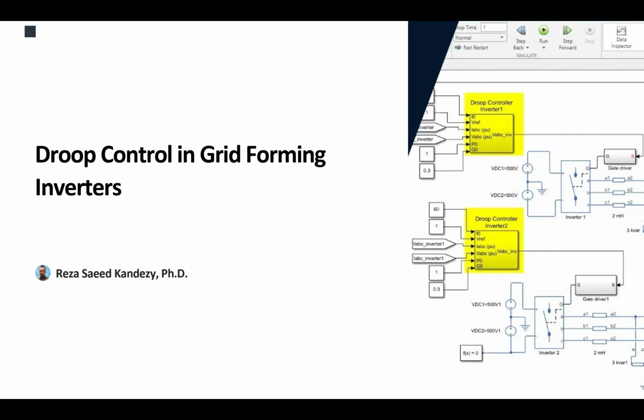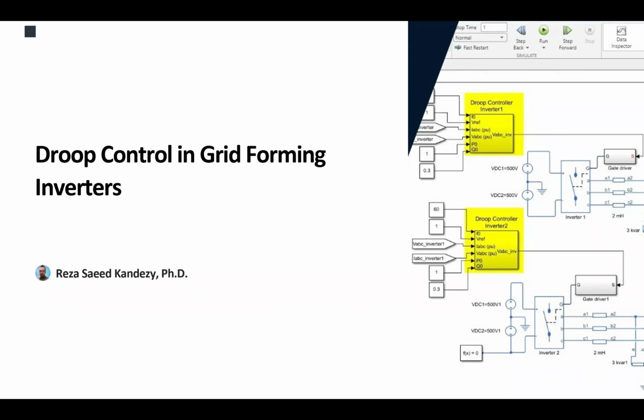We talked about why we need grid forming, how it works, what the main differences are, and what kind of control methodology we are going to use in grid forming instead of all those methods that we used in grid following.